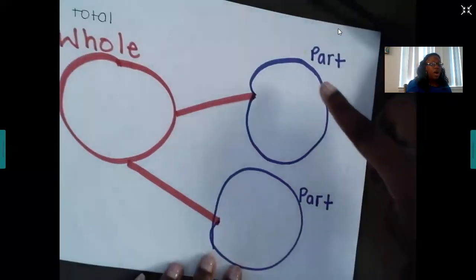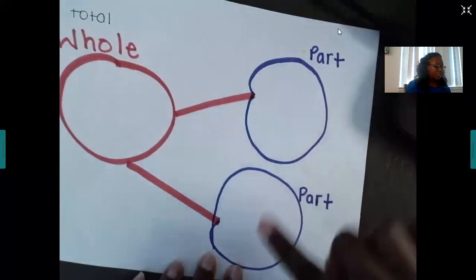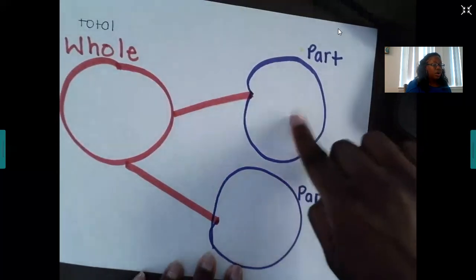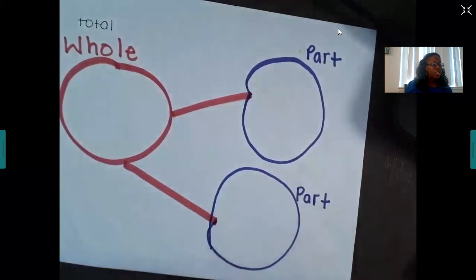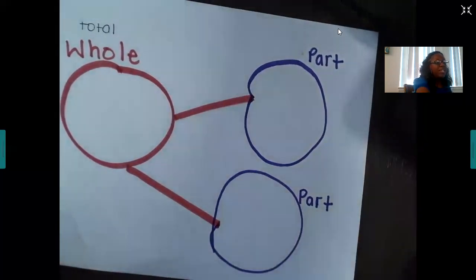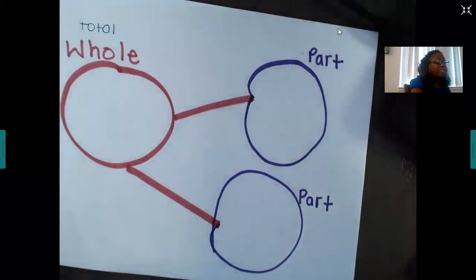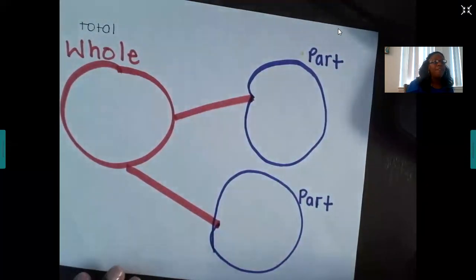And our parts are the two little circles on the side that are little parts of our whole. So remember, today's I can statement is I can find the parts when my whole is 9.